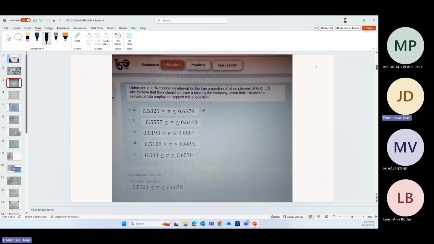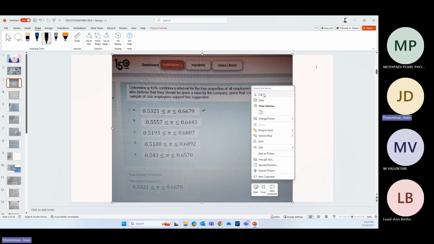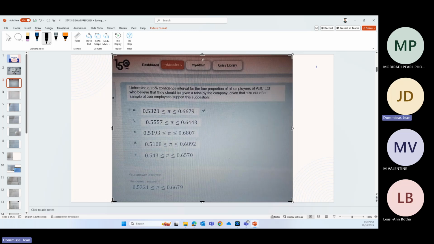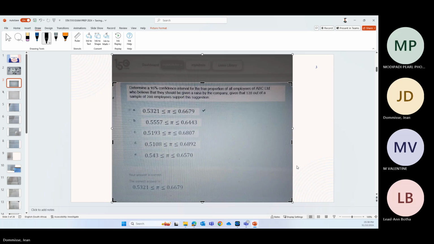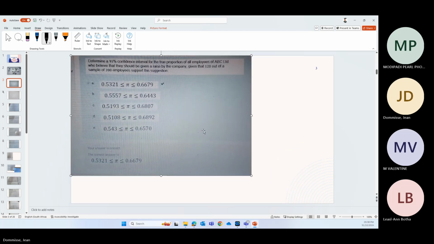Okay, so let's go into another question. This is confidence intervals. So let me also just crop it a bit.